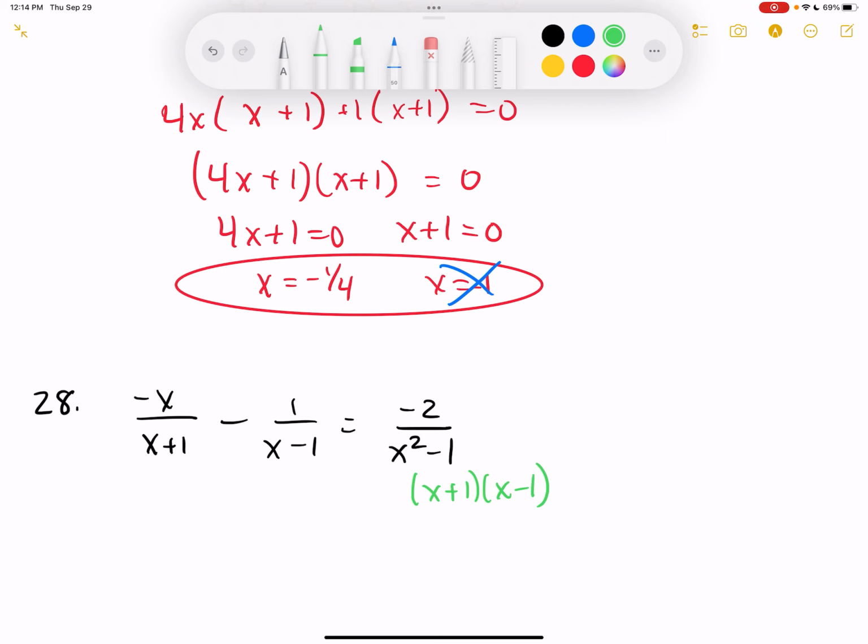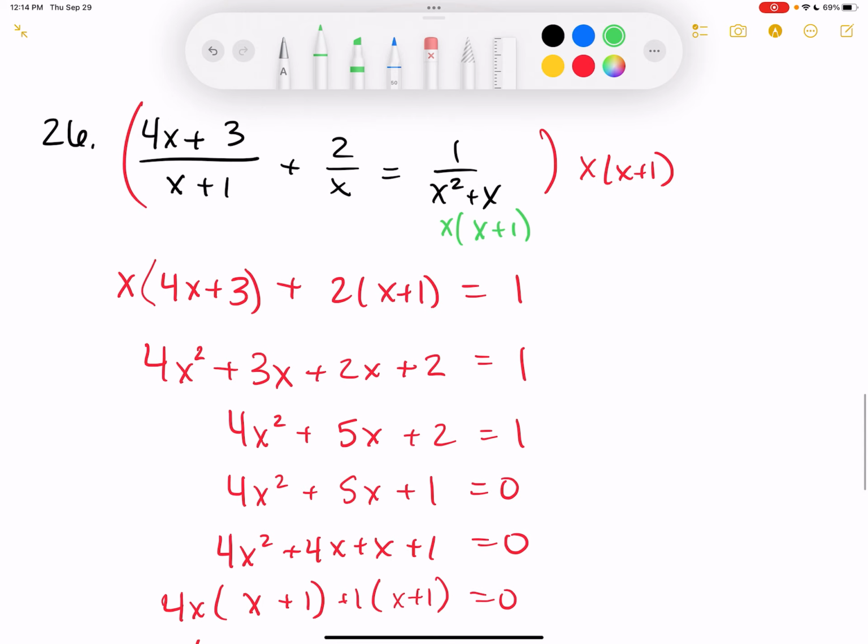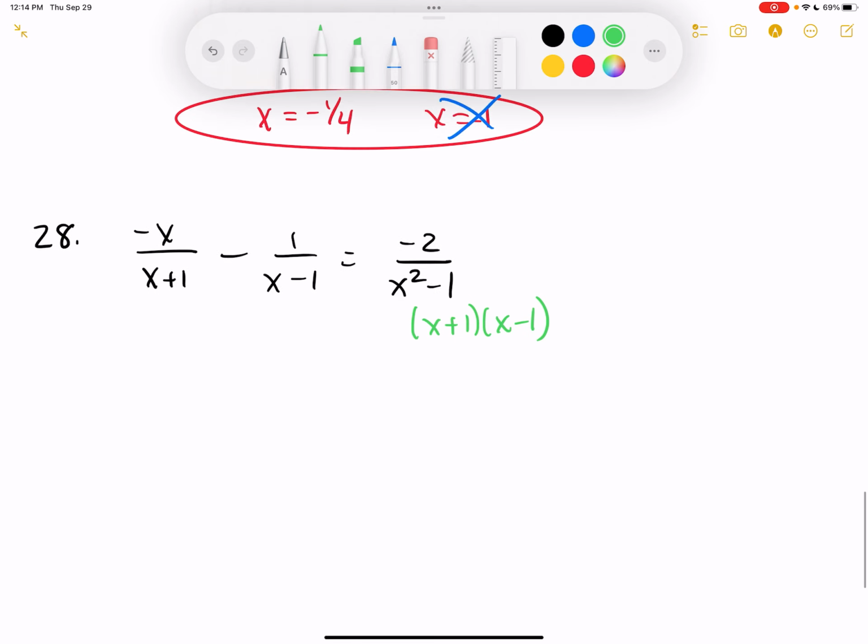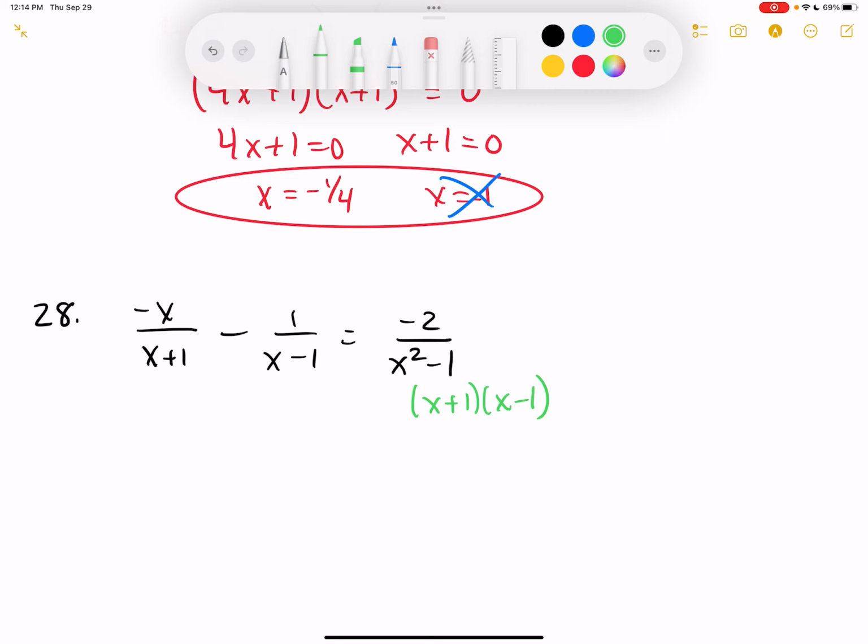The last one was x squared plus x. So now I'm multiplying by that. My x plus 1's cancel, so I'm left with negative x times x minus 1, minus x minus 1's cancel, so I'm left with x plus 1.